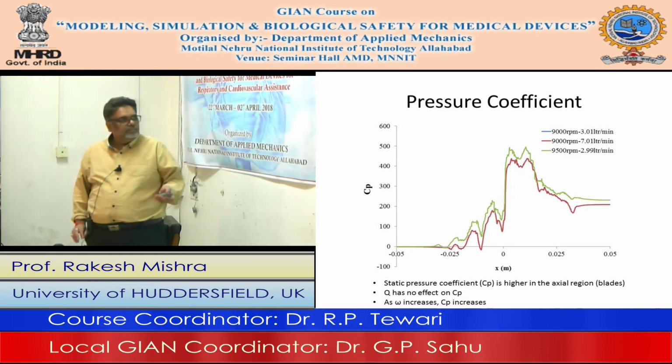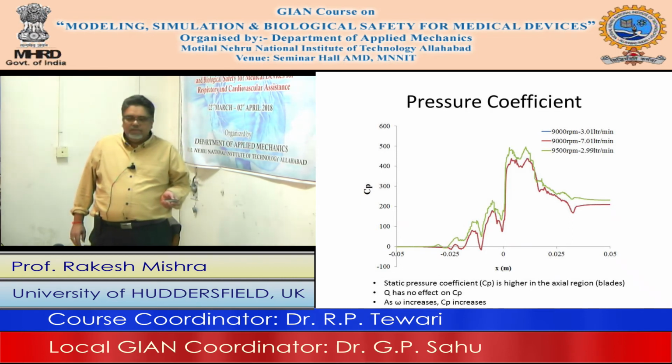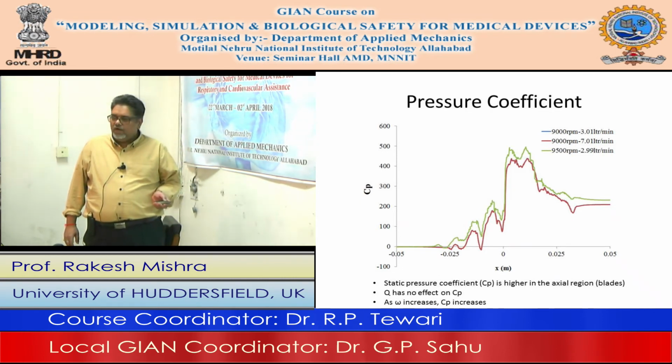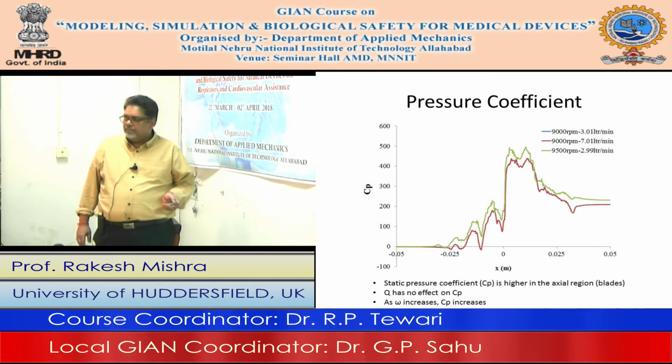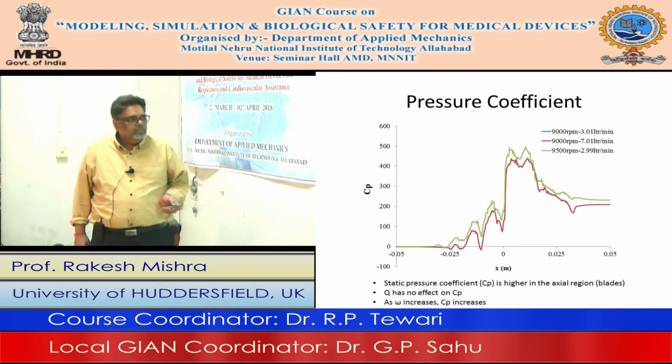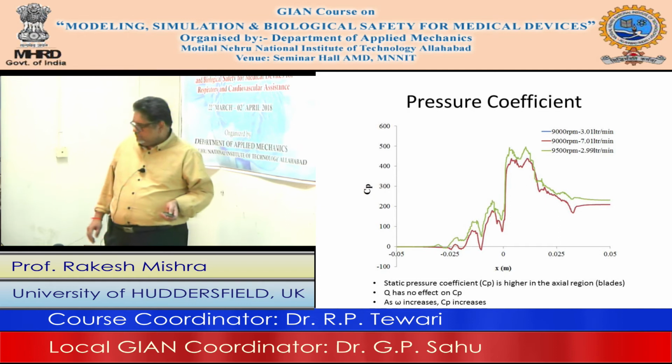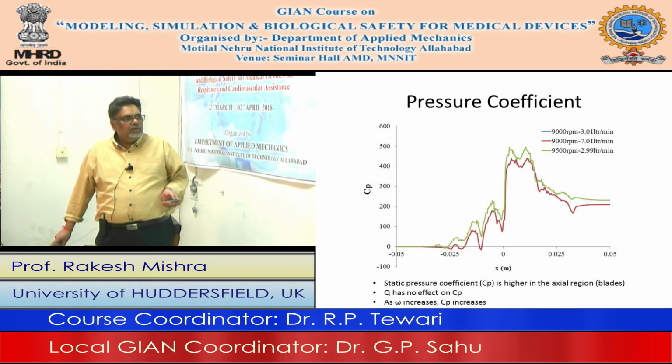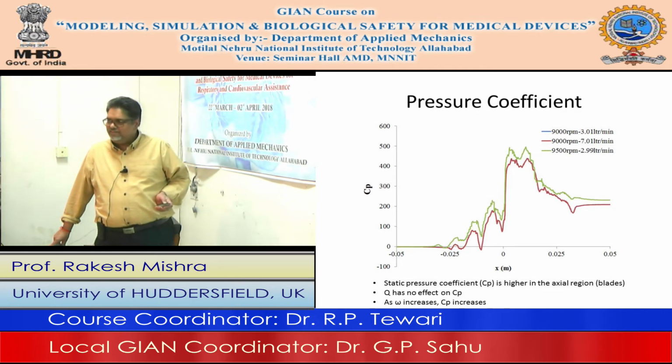Yeah, here: P local minus inlet pressure over half rho V in squared. Now P in is the inlet pressure, V in is the inlet velocity, because flow comes from here. As we go along, pressure is increasing, isn't it?